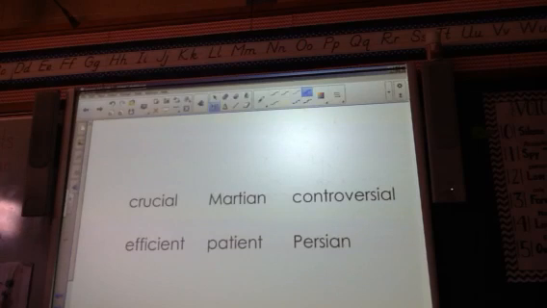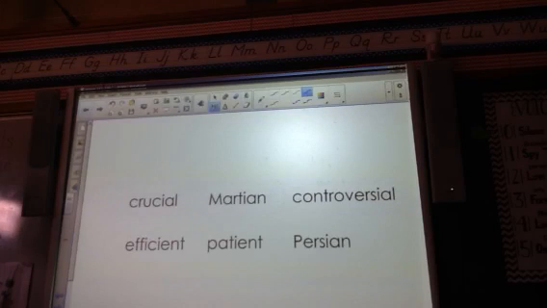But they begin with the letters T-I, C-I, or S-I. Usually, those letters will be followed by A-L, A-N, or E-N-T. In each one of those syllables, the vowel after the I is going to make the schwa sound.